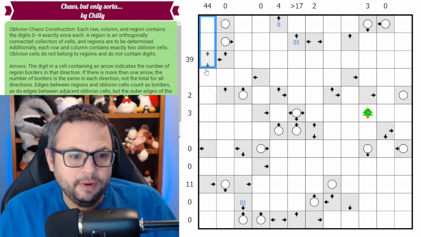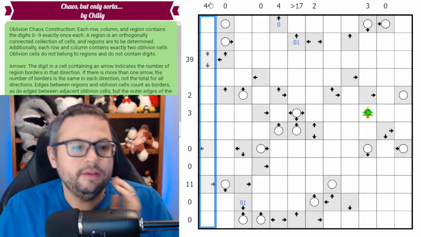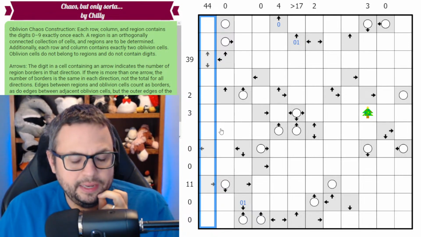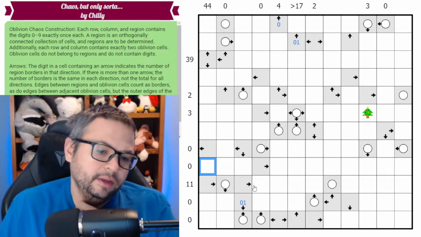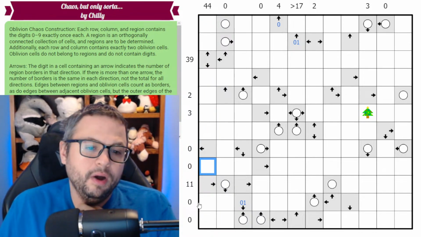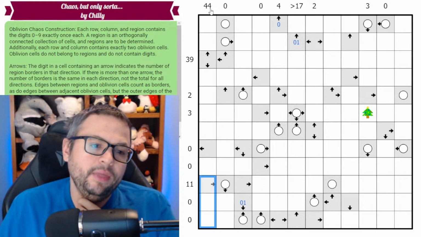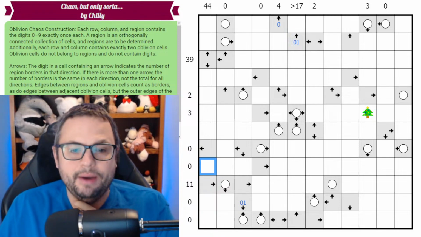Let's see. But I wanted to start here because the 44 clue is going to impact things, because this can't be an Oblivion cell. If it was, I would omit way too many things, right? The only outies of this are a 1 and possibly a 0, so I can't have 3 outies.